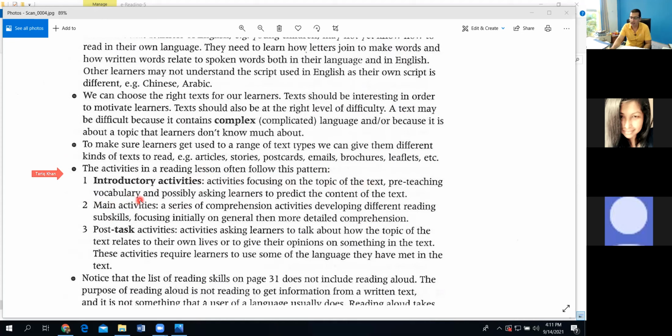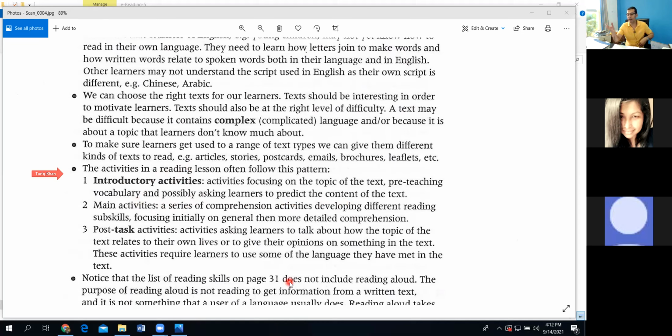Pre-teaching vocabulary: the vocabulary they will face in the coming text, you give for the exercise. You first teach the vocabulary of it. When they understand the vocabulary, they will do better on the text. And possibly asking learners to predict the content of the lesson.